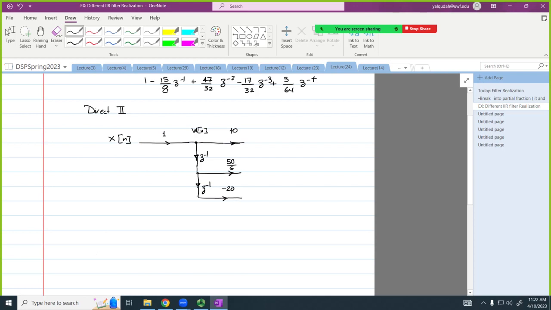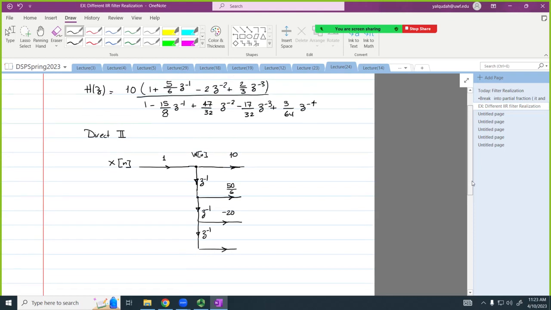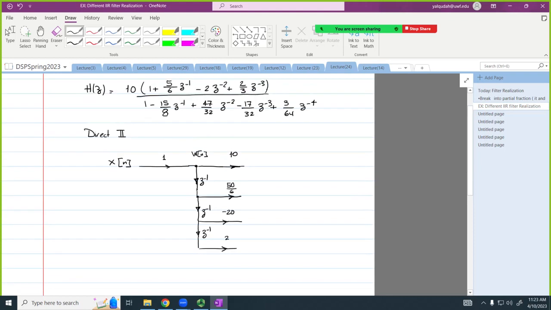But this was derived mathematically. And then we're going to have 20 over 3, and then we're going to add all these together.